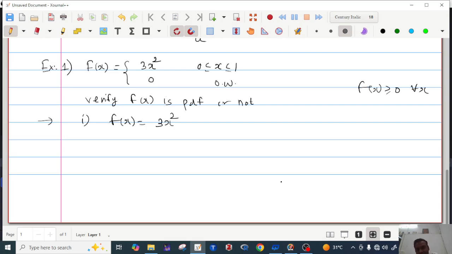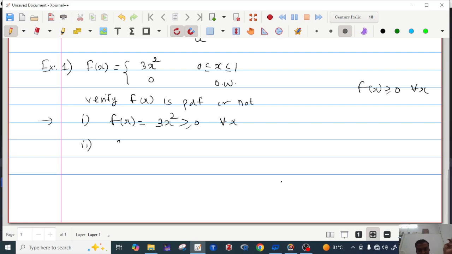If you put the maximum value of x, 1, it will be 3. And whatever value in between you put, you will get f(x) = 3x square greater than or equal to 0. Whatever value you put in this function, the value of f(x) will be positive. So f(x) is greater than or equal to 0 for every x. The first condition is verified here.